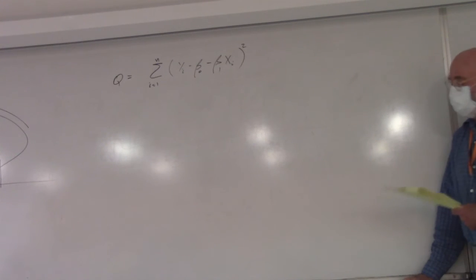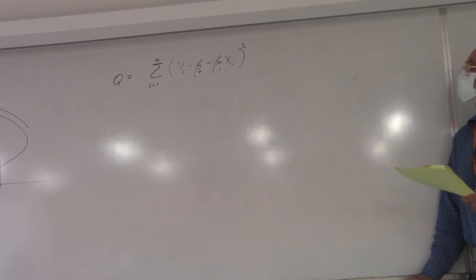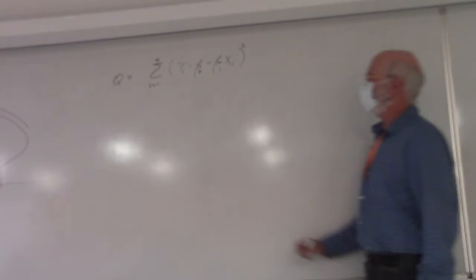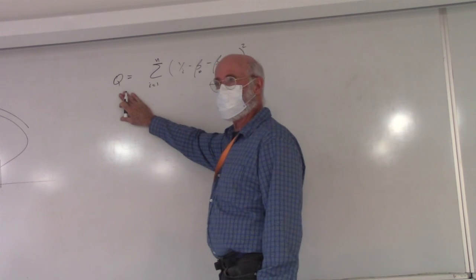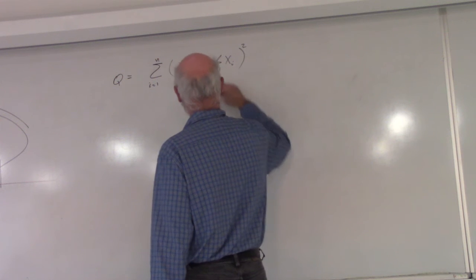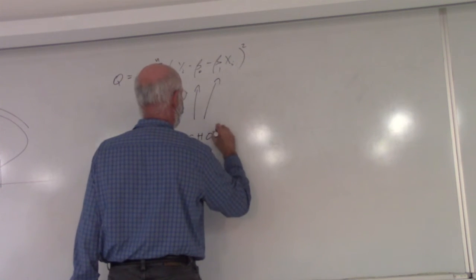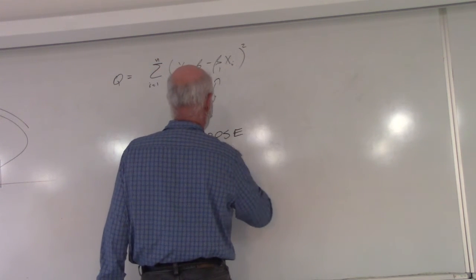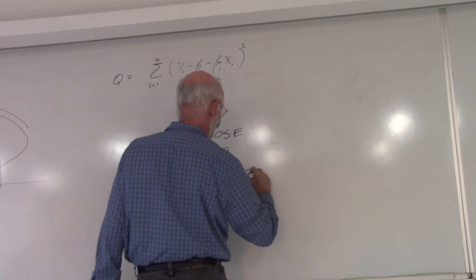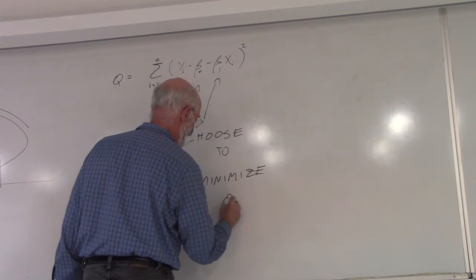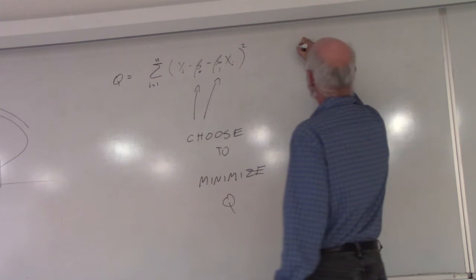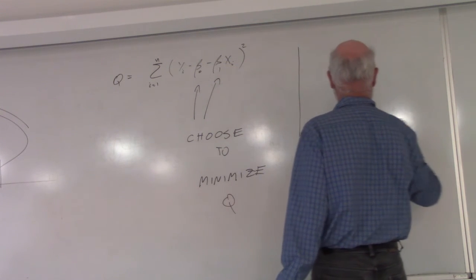So now what I want to do is choose a value of beta 0 and a value of beta 1 which is going to make that as small as possible. So the trick is to choose values to minimize Q. Hey, we were just talking about that.